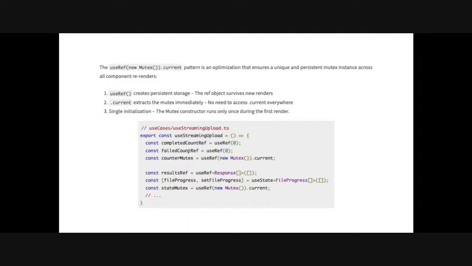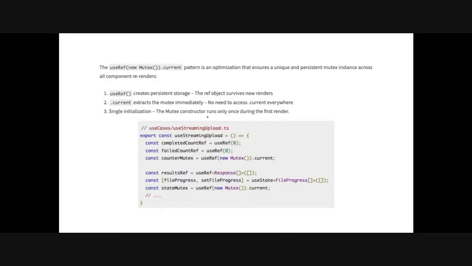We have some references that we want to share between the processes, and even if the UI needs to refresh for a bit, we are safe and we won't lose that state.